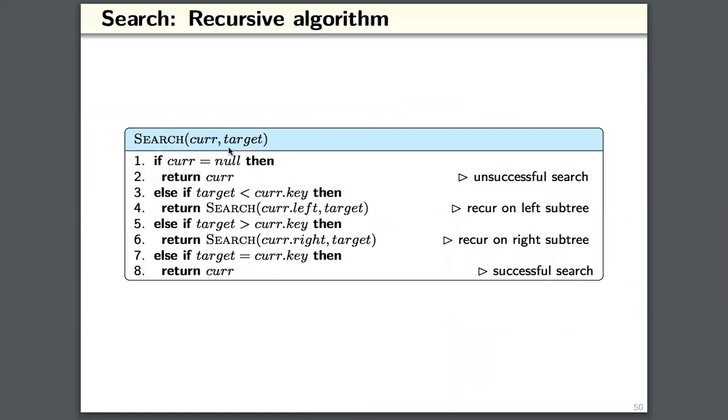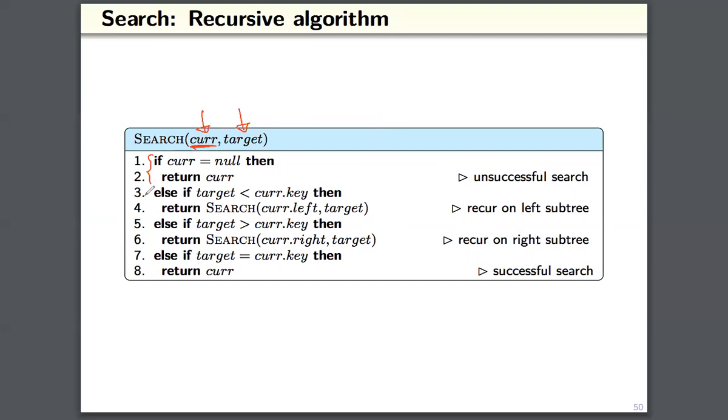Now let's look at the code. Recursive algorithm: search(current, target). You are given the node pointer, the reference, and the target value that you are searching for. If current is equal to null, then return current.